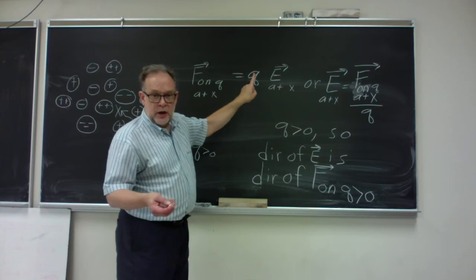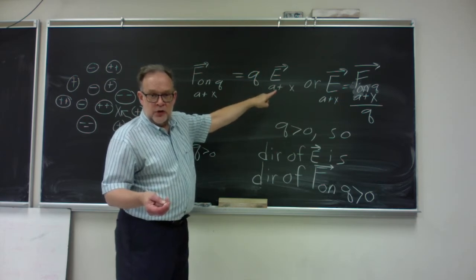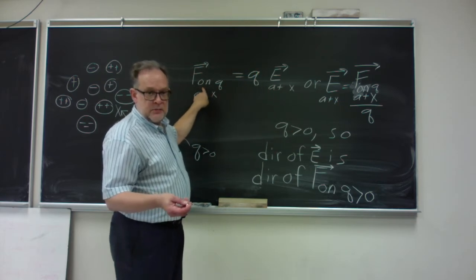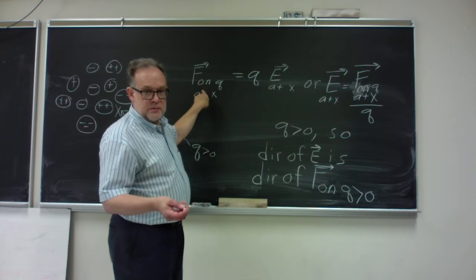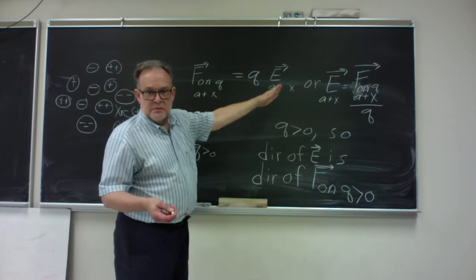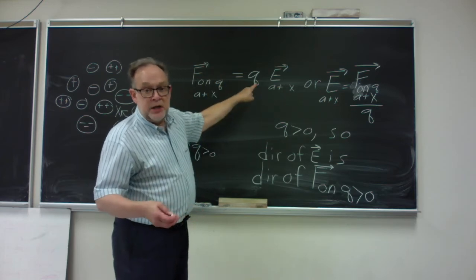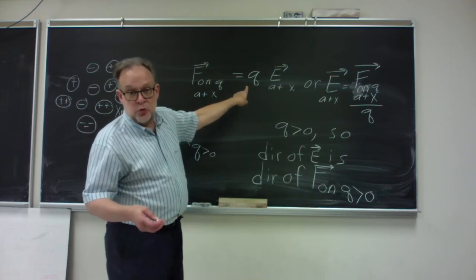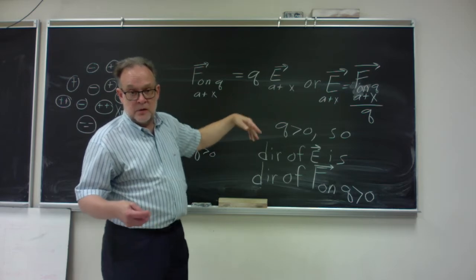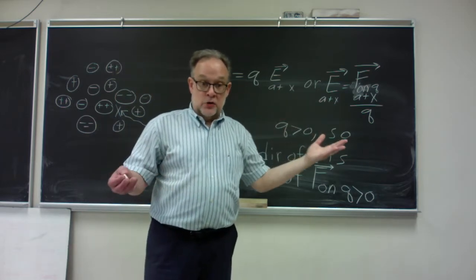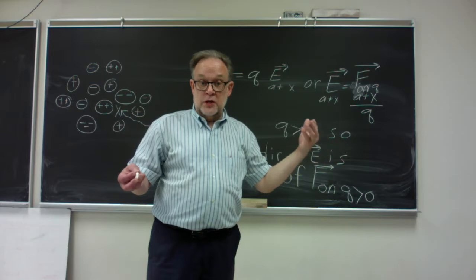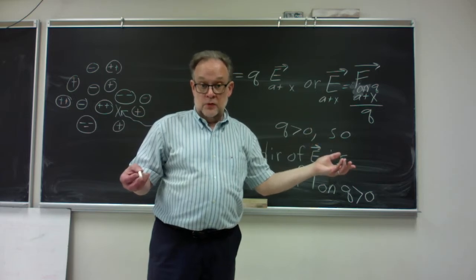Or to put it another way, the direction of the electric field will be the same as the direction of the force, because the sign of the field is the same as the sign of the force, and they are the same because this charge was positive.